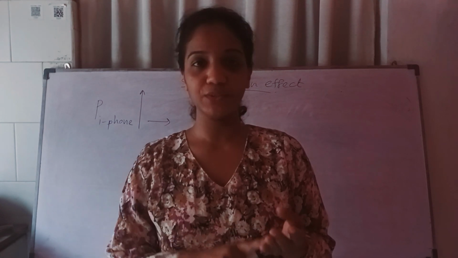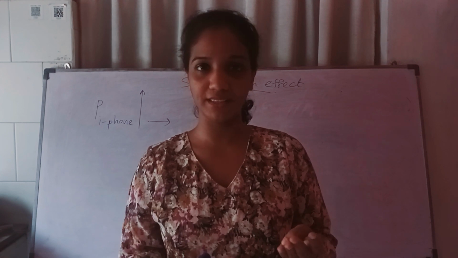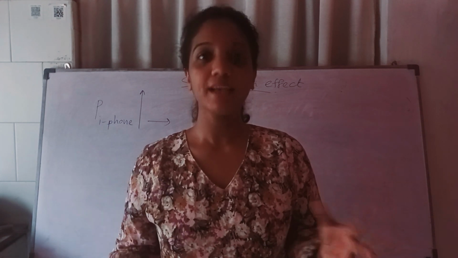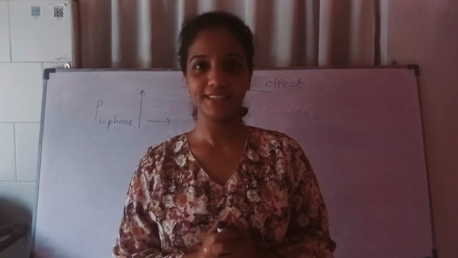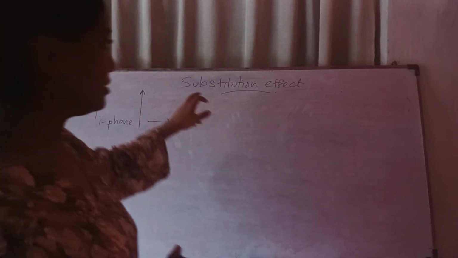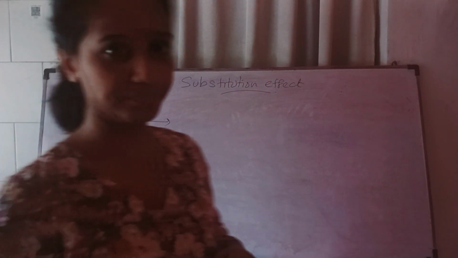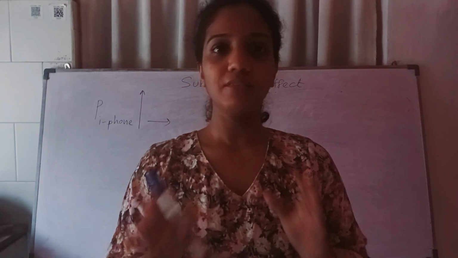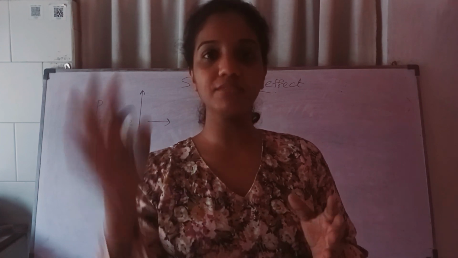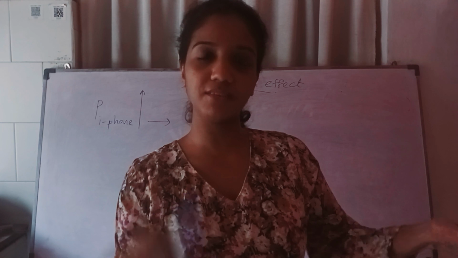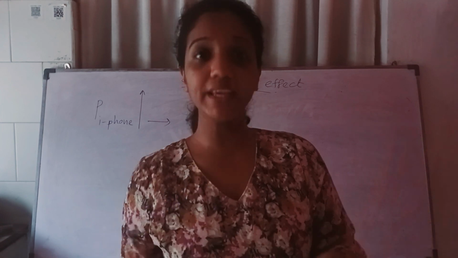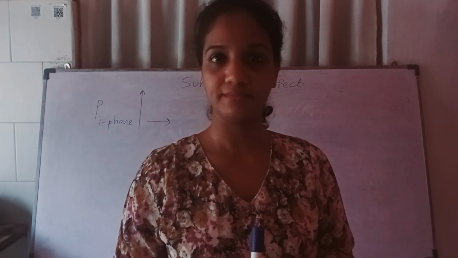Likewise, we can use tea or we can use coffee. Such goods are substitute goods, right? So when we talk about substitution effect, we have to compare the prices of substitute goods and the prices of our concerned good. Then we can make our decision, right?